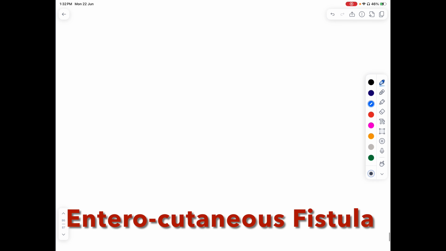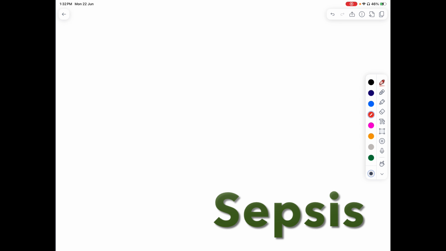Coming to the next case: an old lady, post-operative day 4, anterior resection was done.